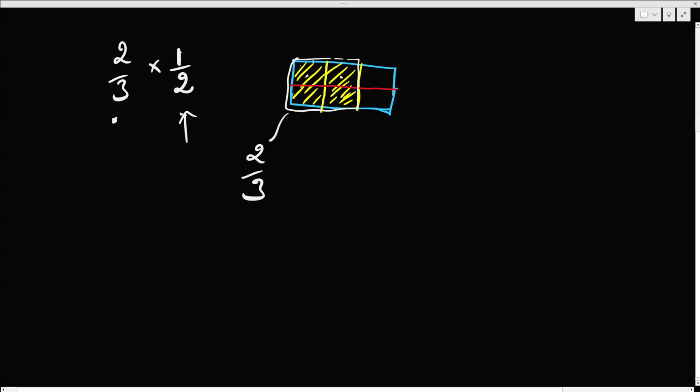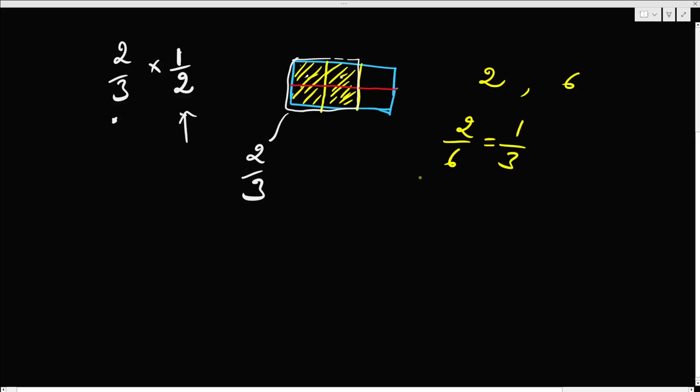So half of 4 shaded parts is 2 shaded parts, and the total parts are 6. It becomes 2/6. So now we have 2 out of 6 parts. When we simplify this, it becomes 1/3.